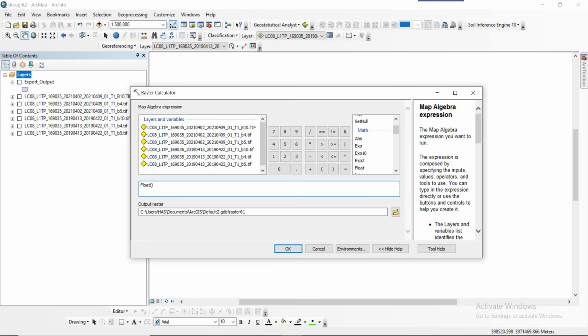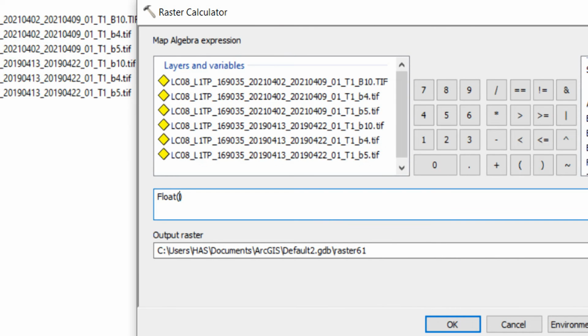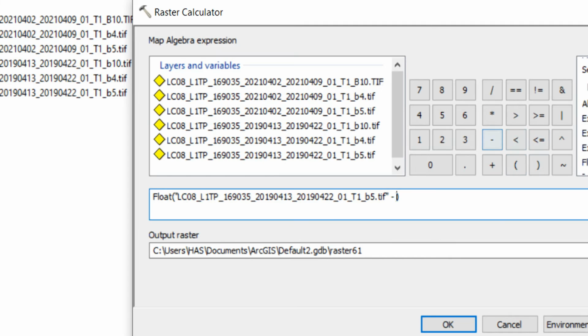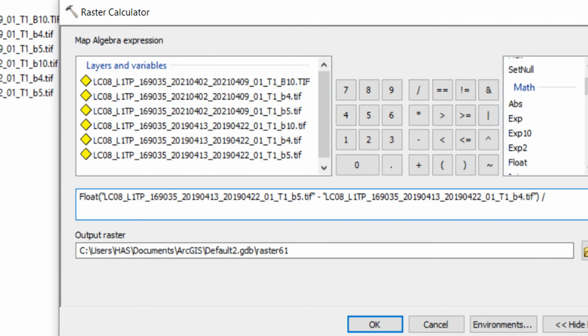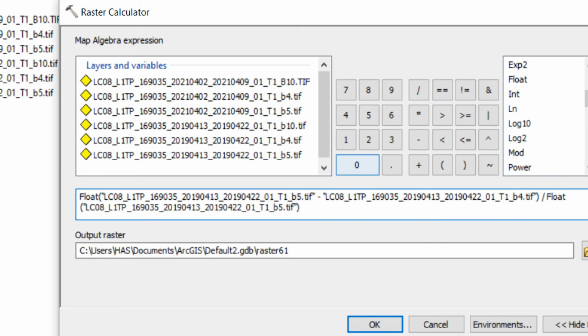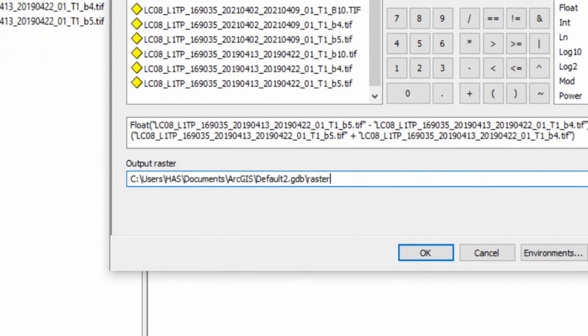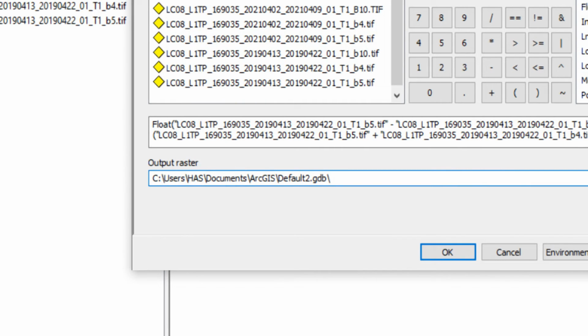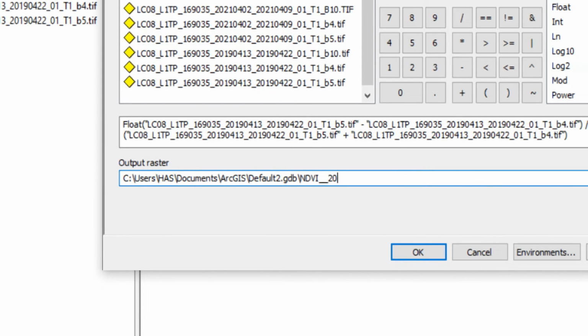We're going to start with 2019, so we have Float band 5 minus band 4, divided by Float band 5 plus band 4, of course for the same year. And we're going to name this NDVI 2019.